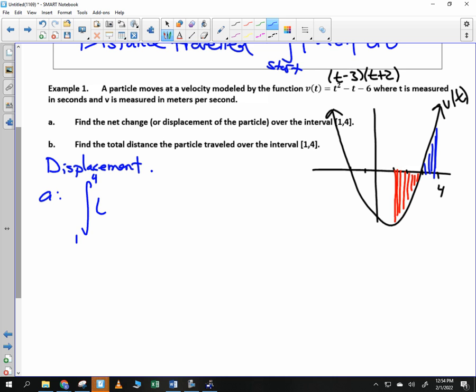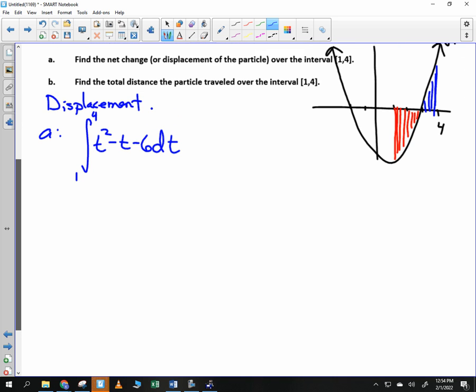So we just do t squared minus t minus 6 dt. Do you already know how to do that? Yeah, that's easy, right? So the big idea today is that you understand that if you integrate velocity, you come up with distance. Let's now go about our business. What's the antiderivative of t squared minus t minus 6?